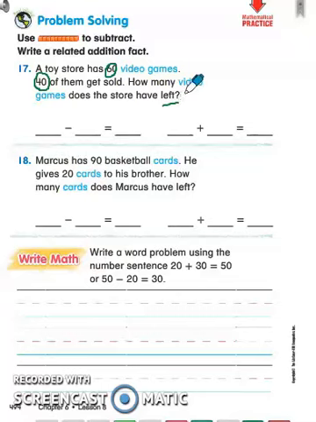Okay, so I will subtract. Now I will start with the subtraction sentence, right? Here, teacher Asma, will I start with 60 or 40? No, I have to start with 60, grade 1, because 60 is the biggest number, right? Then I will write the second addend, that is 40.